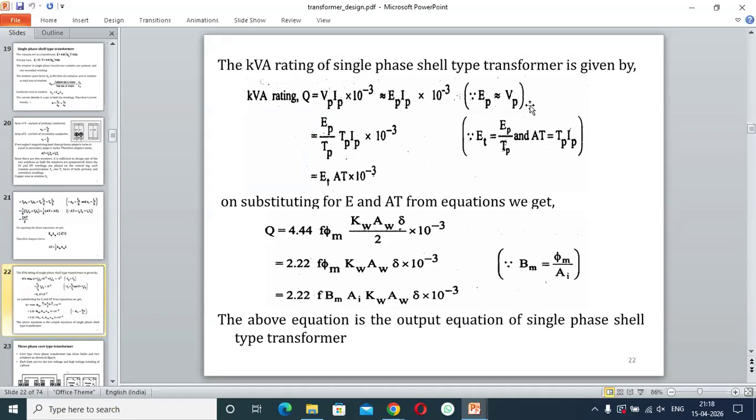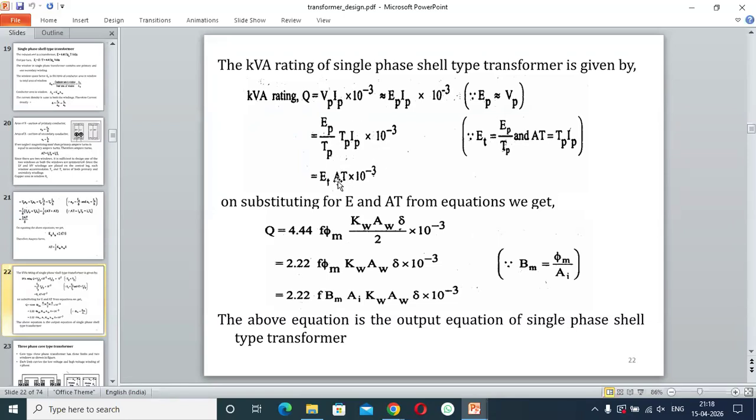EPIP 10. Now again we multiply both sides with TP and divide by TP. So EP upon TP will give you the ET, the EMF generated per turn. This value gives you the EMF generated per turn, and this value TPIP will give you the ampere turns. So multiply with the number of turns, multiply with the primary winding, primary side current.